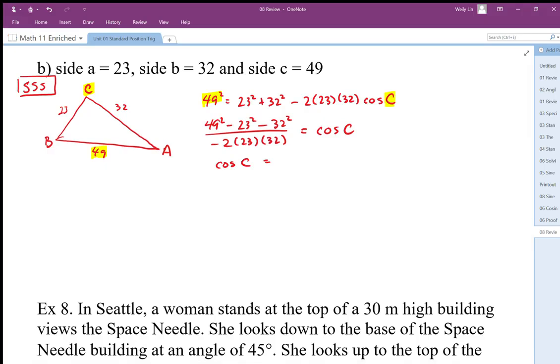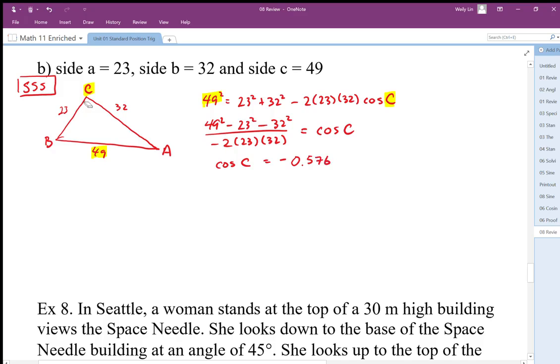So we end up with 49 squared minus 23 squared minus 32 squared, divided by 2 times 23 times 32. I end up with negative 0.576.